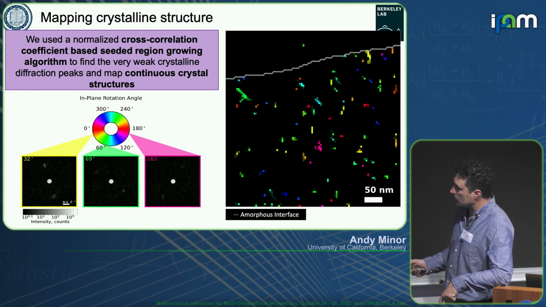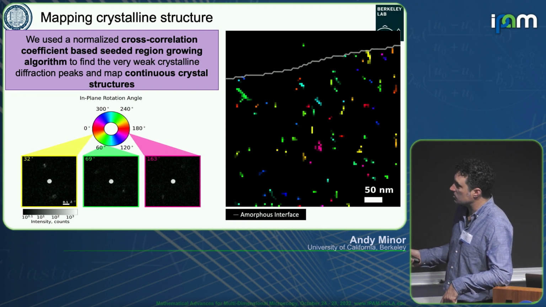And again, we took this idea that, okay, let's not just map the direction of the scattering vector, which is mapped in color, shown here, but let's also take into account the fact that we know that these crystals are bigger than 1 pixel in this case, and that if we happen to have ones that are next to each other in the same orientation, that must be the same single grain.